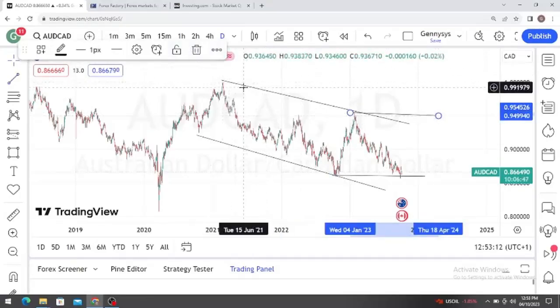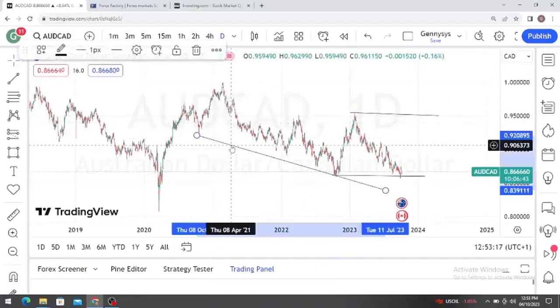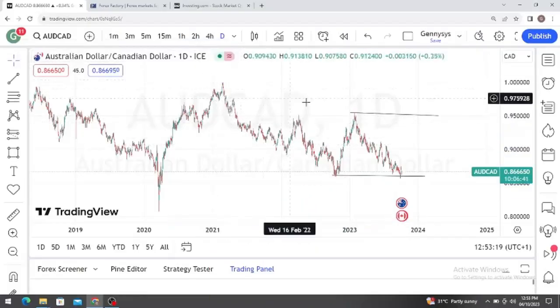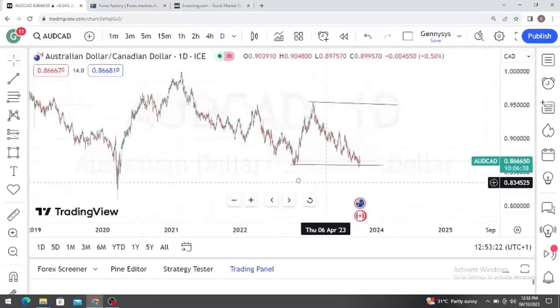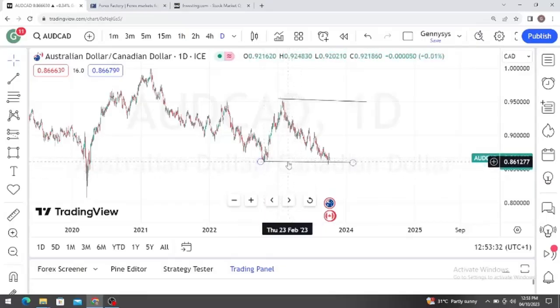The beautiful thing about having knowledge of structure is that you can drop down to any time frame once you understand what price is doing and where price is going. So we have a downtrend, we have the daily range, the high and the low of the range.